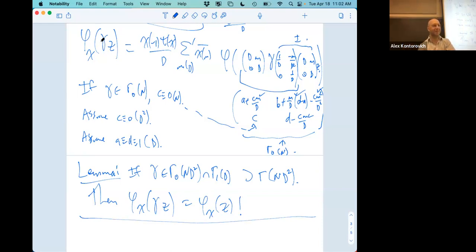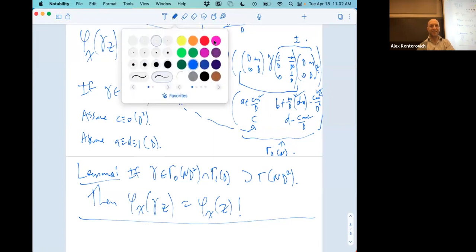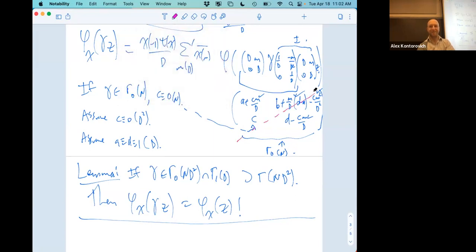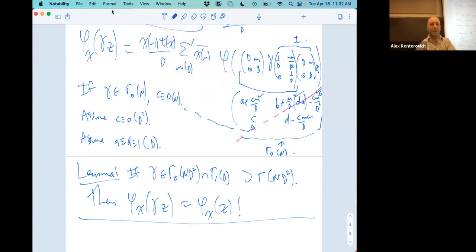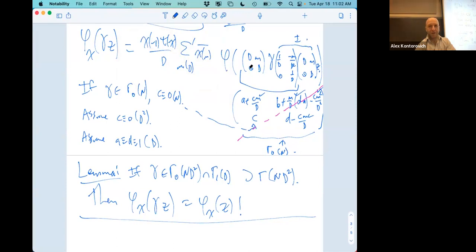So I put in a gamma here. That gamma hits the gamma z with this dm0d out front. But if I stick in this thing here and there, in other words move it by the conjugate, I get a matrix that under these conditions is in gamma naught n. And phi is invariant under anything in gamma naught n. So this whole thing is gone. You're multiplying these three matrices on the left, and these three left matrices become this one big matrix.